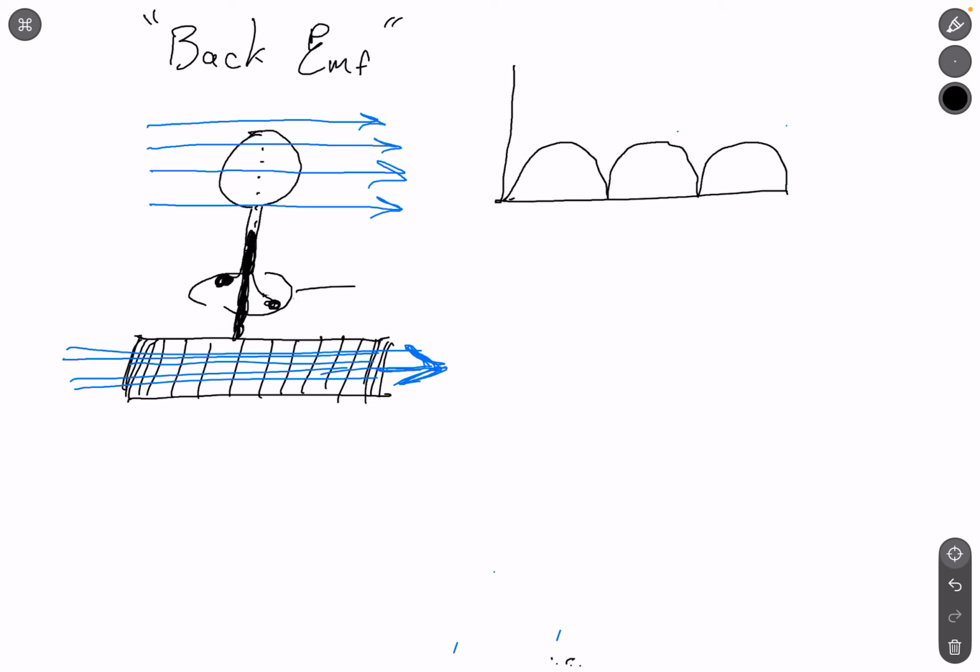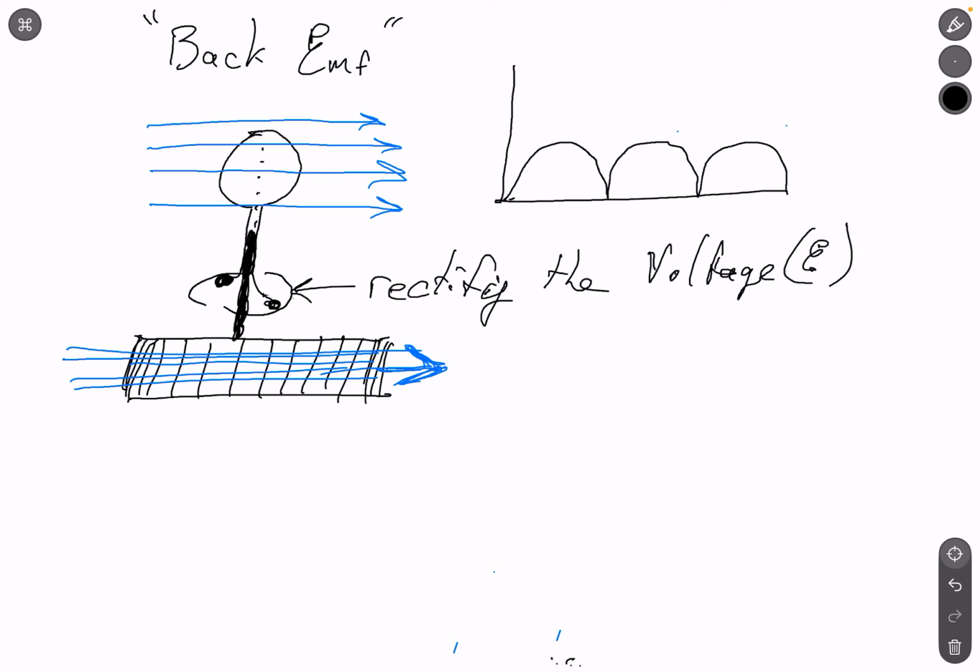So these guys right here with the slit, they basically rectify the voltage, EMF, and the current.